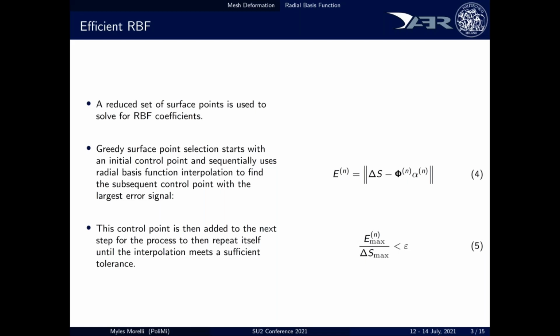The second one is used to reduce the dimension of the second linear system, the one related to the volumetric grid. So we are not going to shift all the nodes of the grid, but only the ones that are inside a range that we dynamically choose around the body, proportional to the maximum displacement that we want to apply.